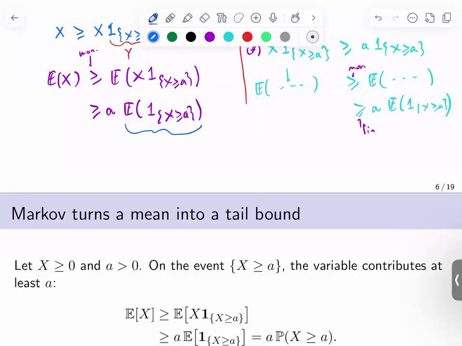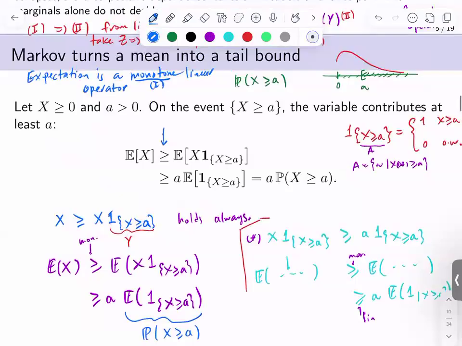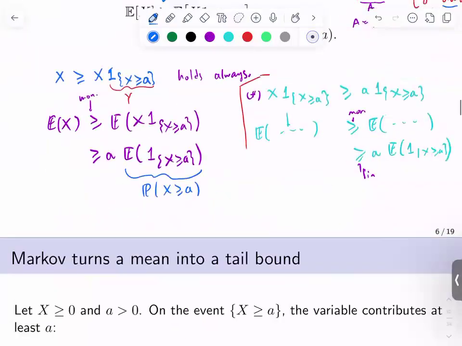Let's see how many people remember from one of the earlier lectures. Or you can just compute it. Yes, it's just going to be the probability of that event. It just takes two values, 0 or 1. It takes value 1 with the probability of that holding, which is just the probability of this event, and the other one doesn't matter because you get 0 times the probability, whatever it is.